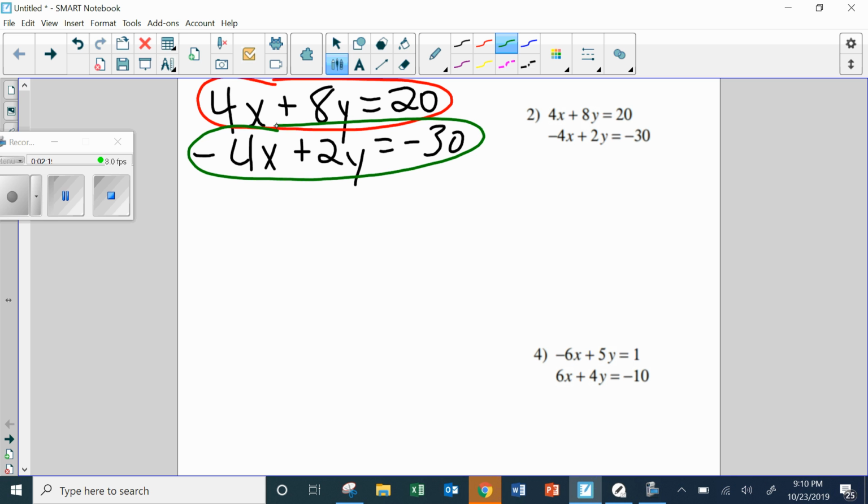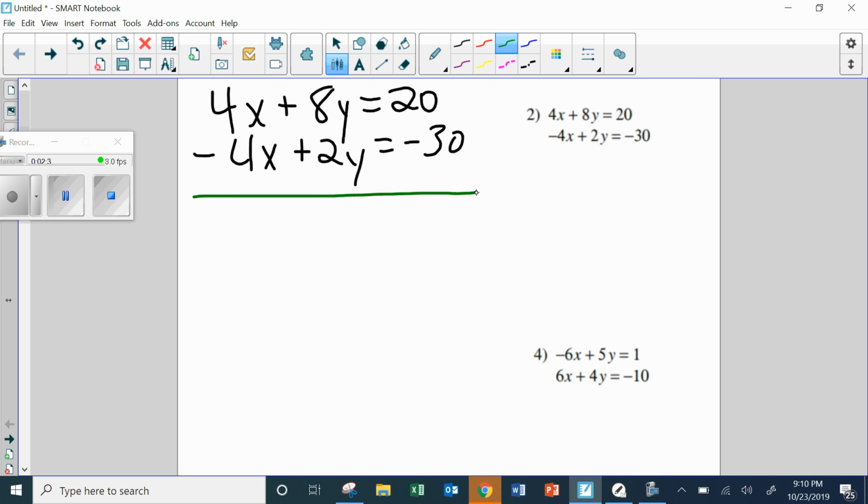Now, the first couple of problems are already set up to eliminate the variables, so I don't really have to do anything. You'll notice if I make a line right here, this is my equals line, if you want to call it. And I'm going to combine these vertically. So I'm going to say 4x plus negative 4x, then 8y plus 2y, and 20 plus negative 30.